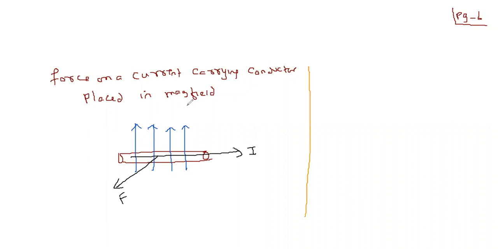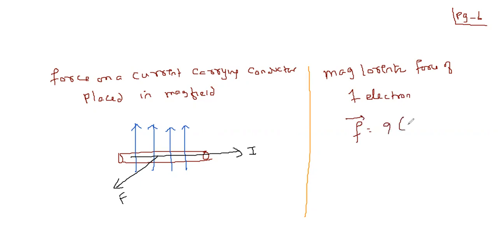Now, what is in the wire? There are n number of electrons. So what is the magnetic Lorentz force of one electron? The formula is F vector is equal to Q into V cross B. Since the electron experiences drift velocity, I put Vd. For one electron, F is the force.